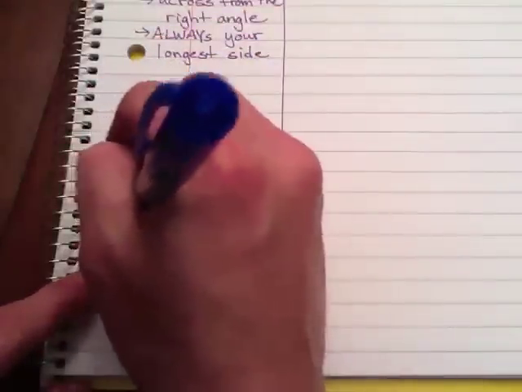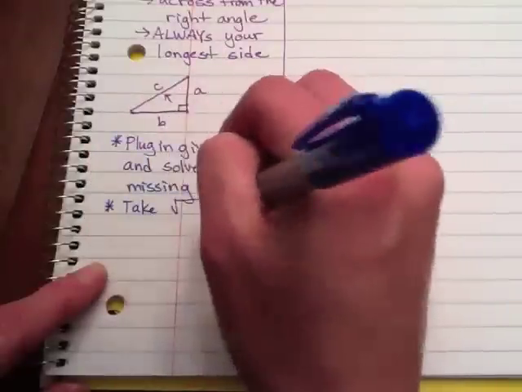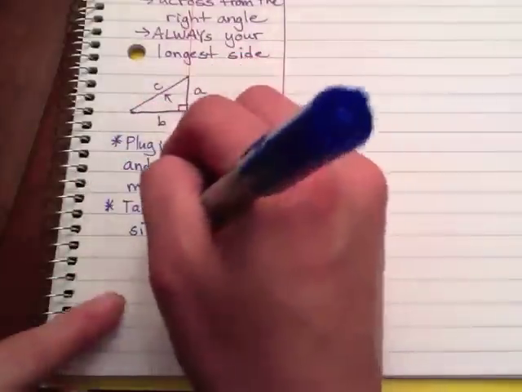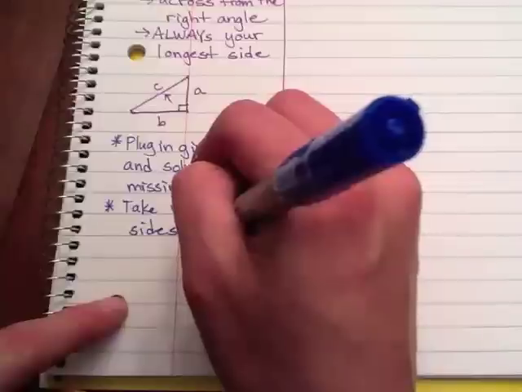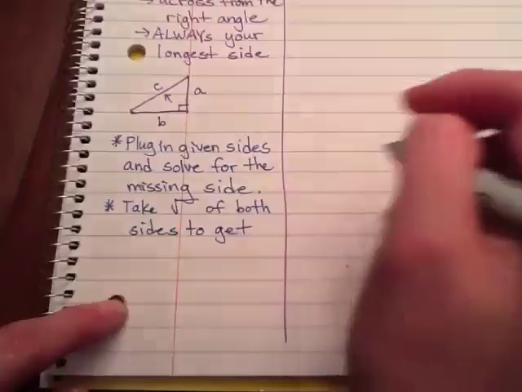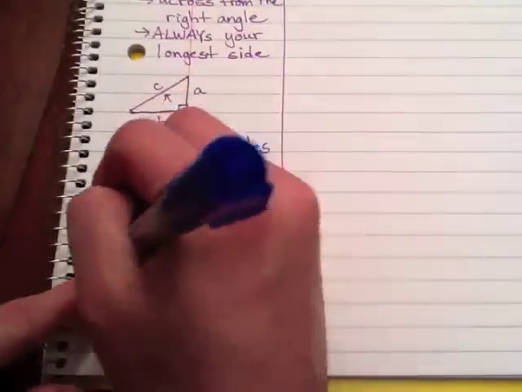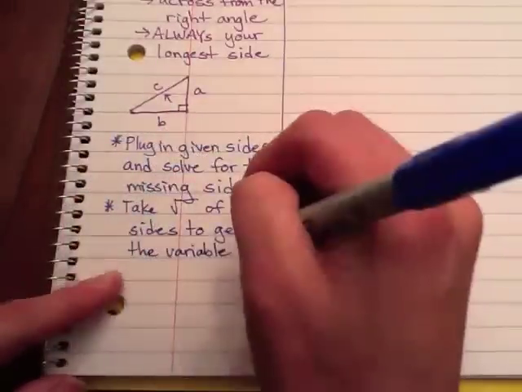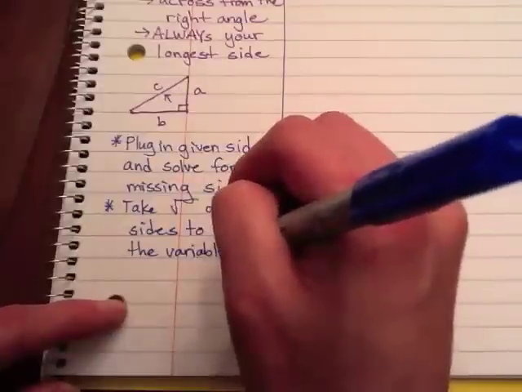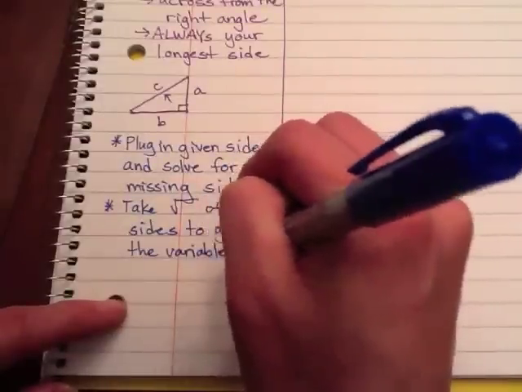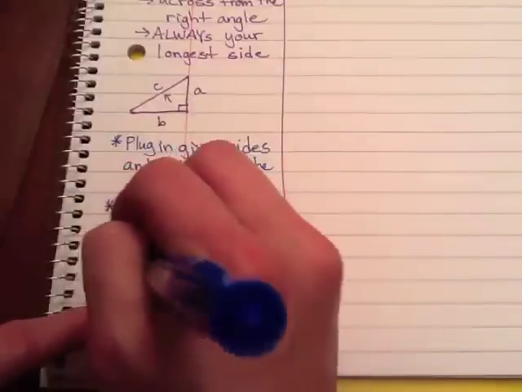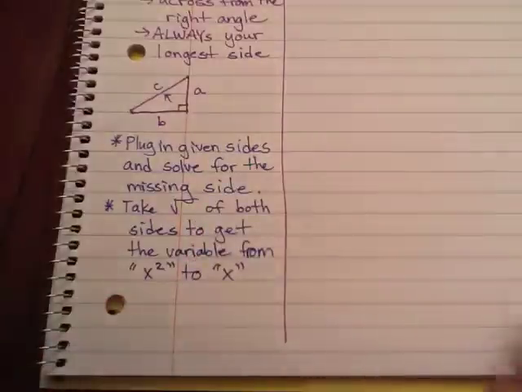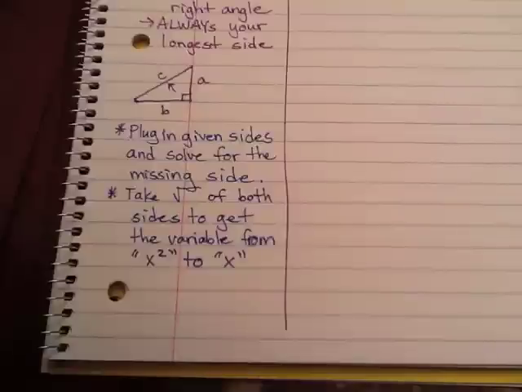You're going to take the square root of both sides to get the variable, from x squared to x. Okay, it might be a different variable, but basically each time.